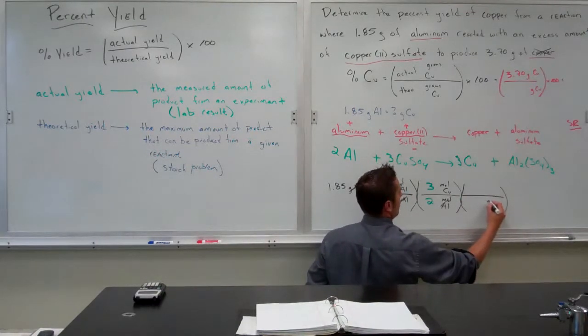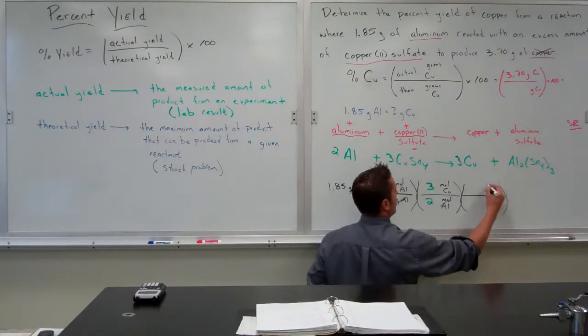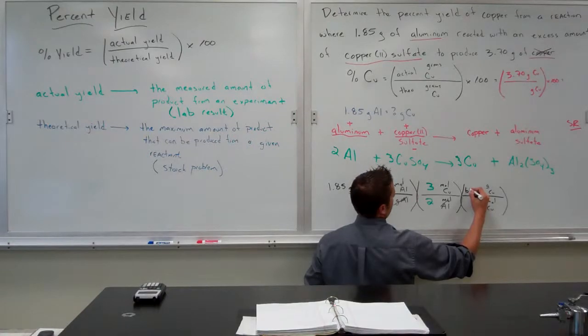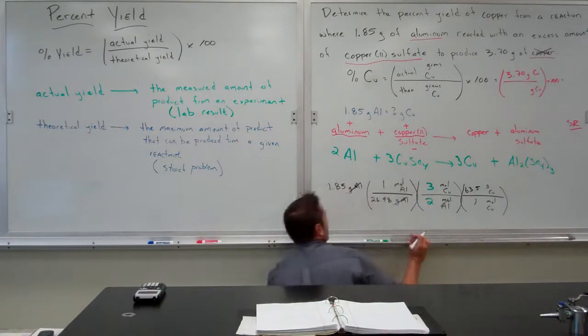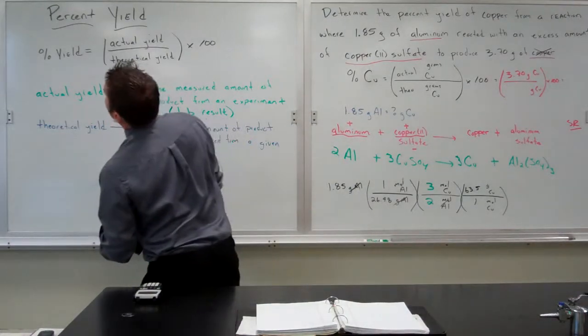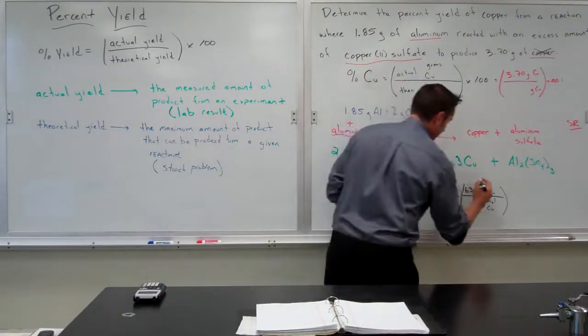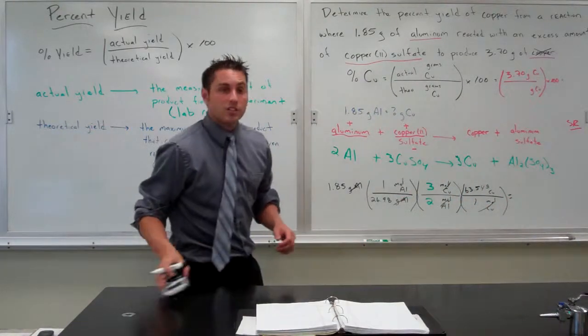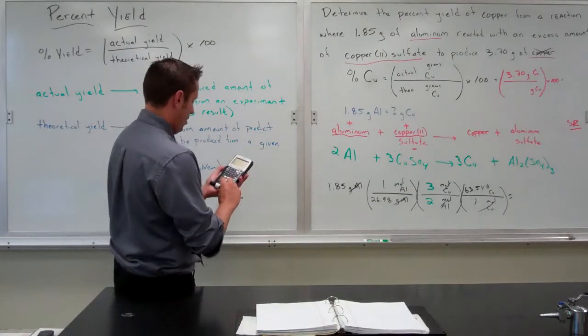So I put mole Cu on the bottom, gram Cu on top. 1 mole has 63.5, you're going to have to check if it's 63.54 or 63.55. Looks like it's 63.54 grams of copper.